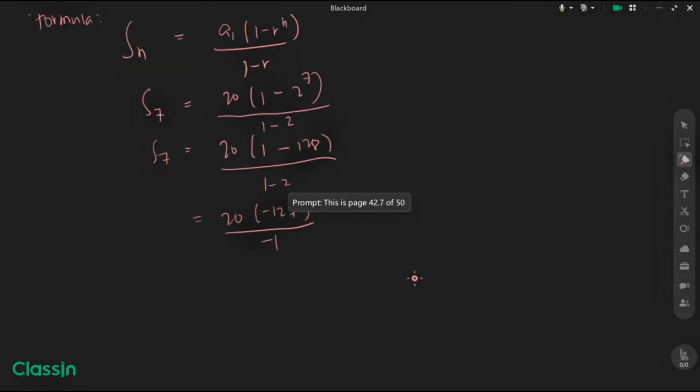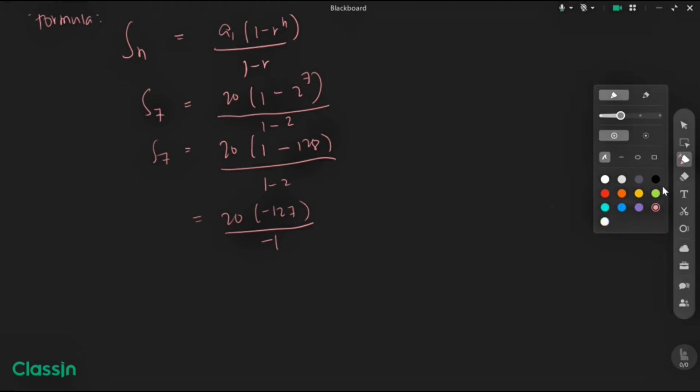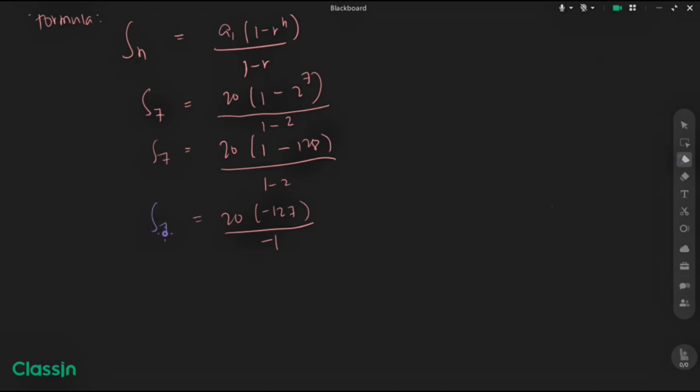So in this case, we have 20 times 127. The answer will be 20 times 127 is equal to 2,540 pesos.